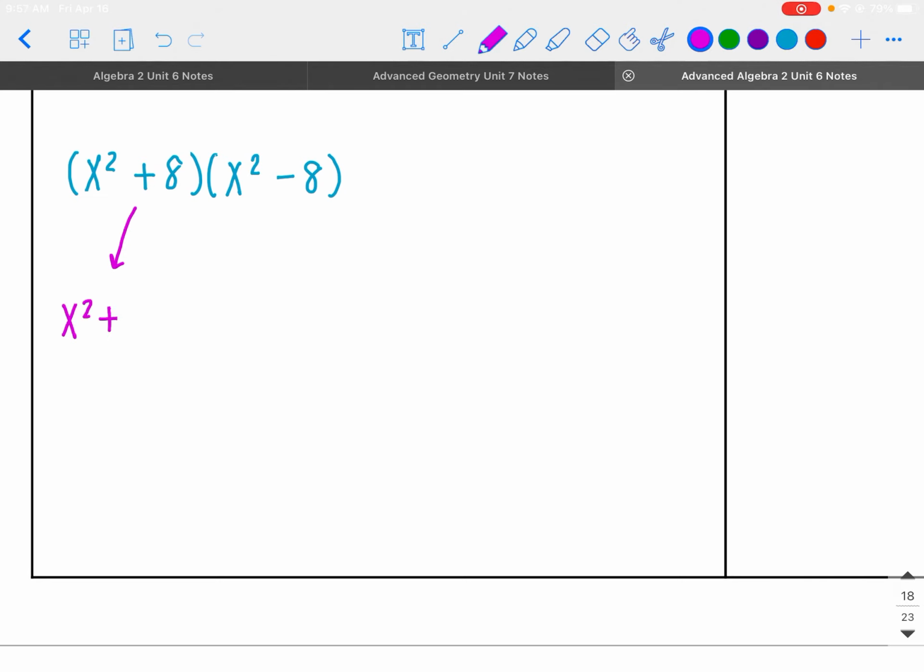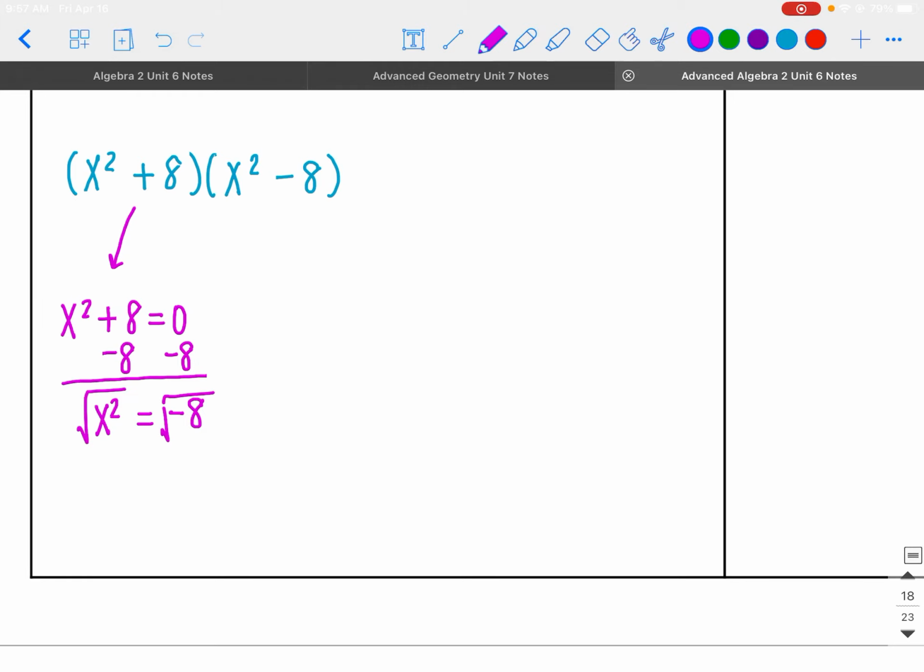All right, so if we take x squared plus 8 equals 0, we need to subtract 8 from both sides to get x squared equals -8. And then we take the square root.